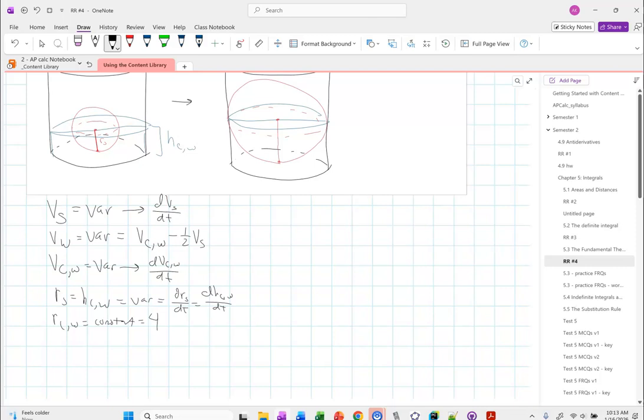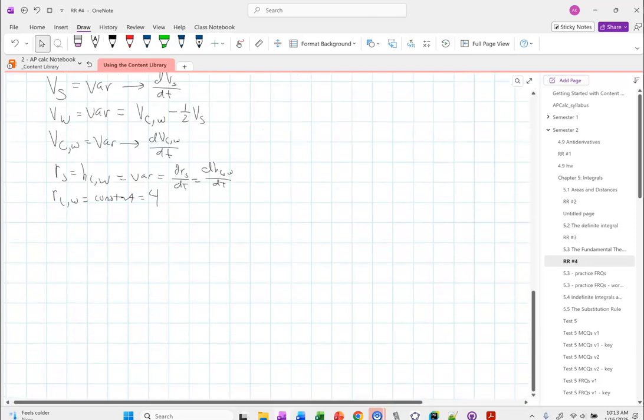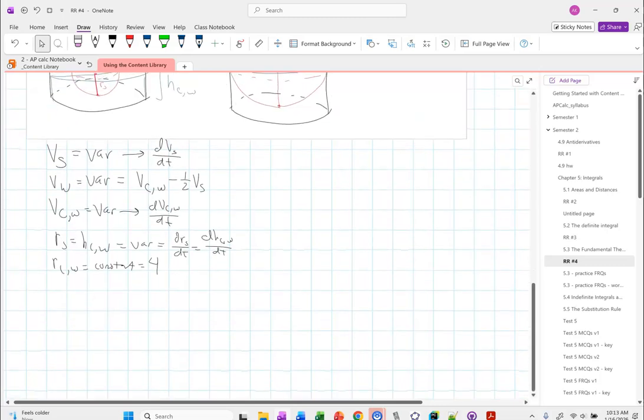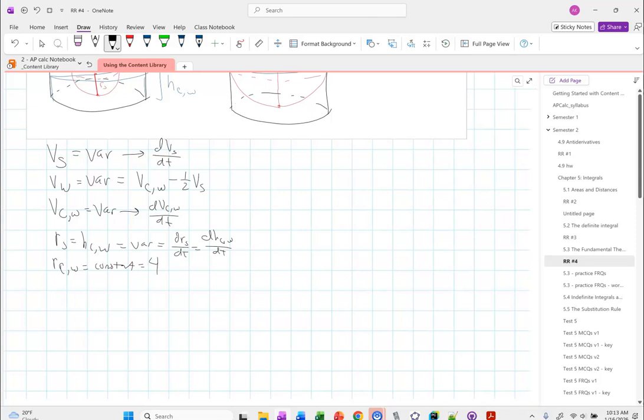And we are looking for... What's the constant? The radius of the cylinder of water. Oh, radius of the sphere equals. Yeah, that's what that says. I can tell constant.